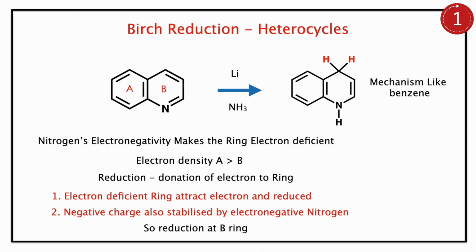The reduction happens at the nitrogen ring because the electron density of B is lesser than A, because nitrogen is electron withdrawing due to its electronegative nature. It makes the ring electron deficient, so it catches the electron. Reduction happens at the nitrogen ring at 1,4 position. So it is a different kind of selectivity due to the heteroatom. So quinoline reduction happens at the nitrogen ring.